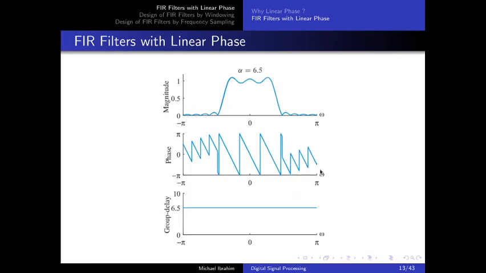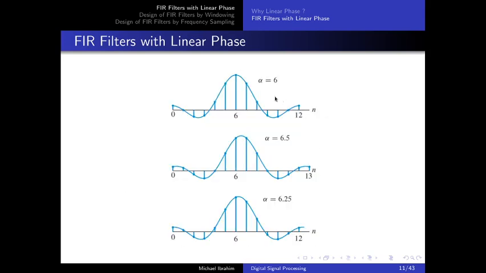If you go back over here, m here is equal to 12, so h of 0 is equal to h of m, h of 1 is equal to h of m minus 1, and h of 2 is equal to h of m minus 2. This is the kind of symmetry we're talking about.